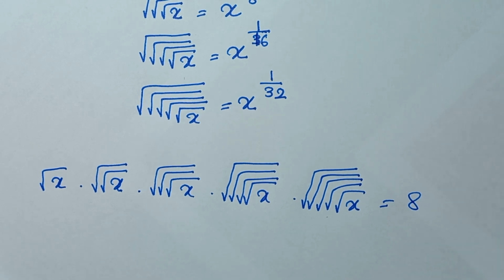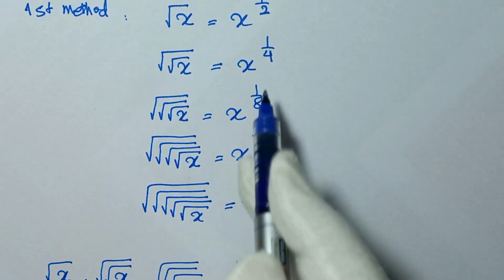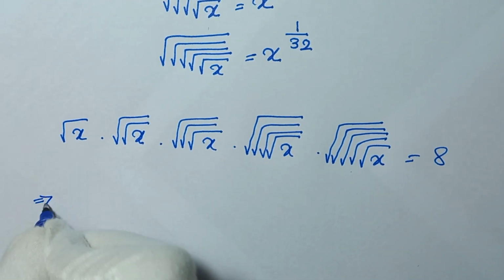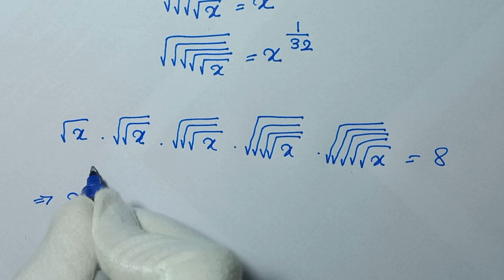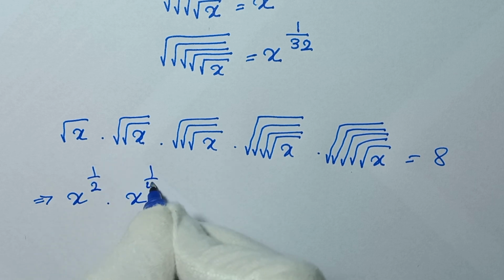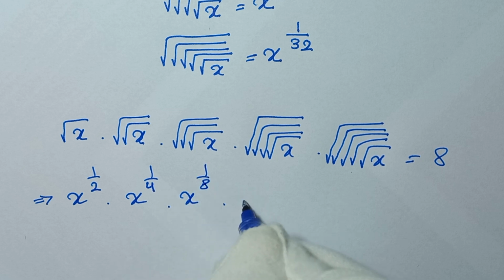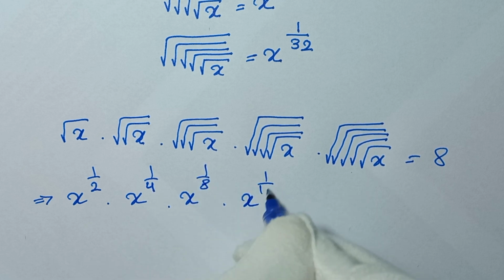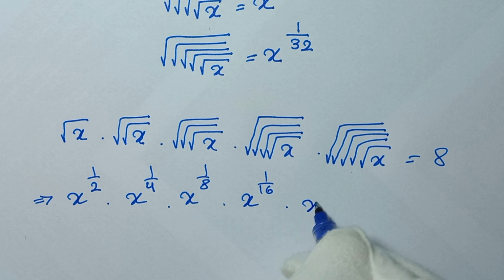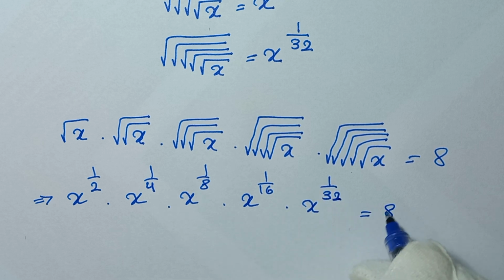And from here, using this equation, we can write this as x to the power of 1 over 2 times x to the power of 1 over 4, and times x to the power of 1 over 8 times x to the power of 1 over 16, and times x to the power of 1 over 32 is equal to 8.